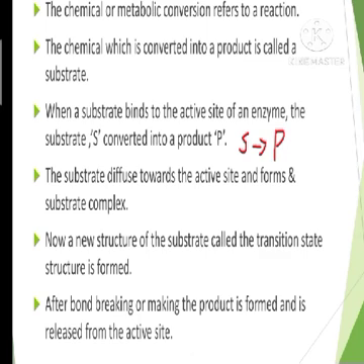So during this phenomenon, what happens? The substrate will be forming a new structure, and that structure, we can say, reaches a transition state. The new structure which is formed is said to be a transition state structure. What is meant by transition state structure?